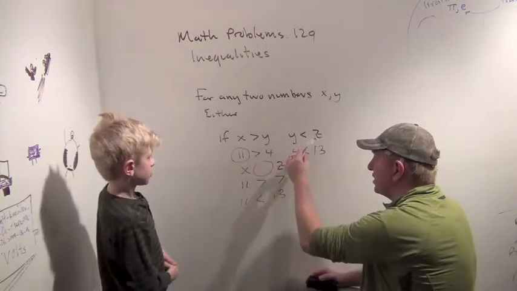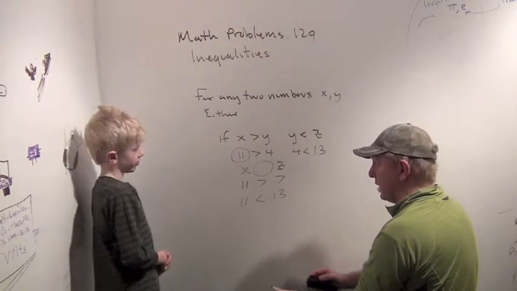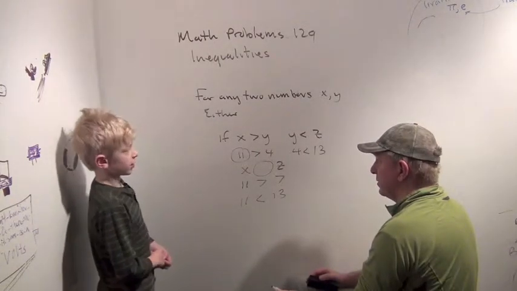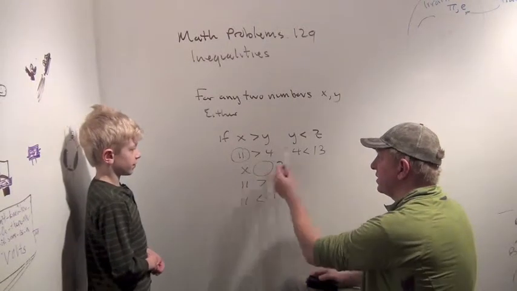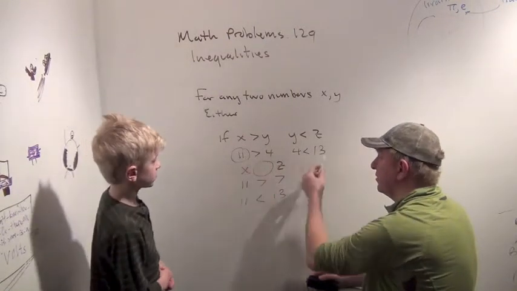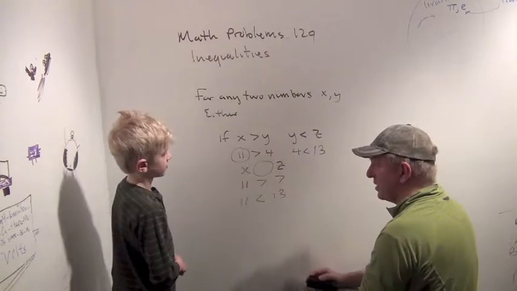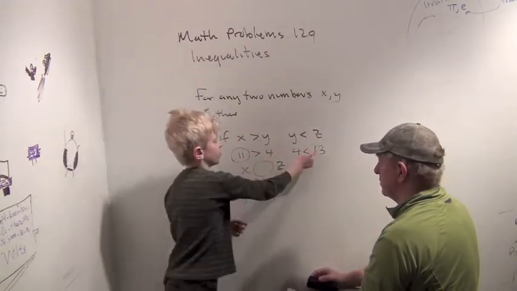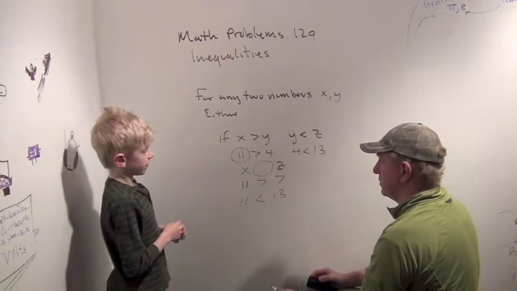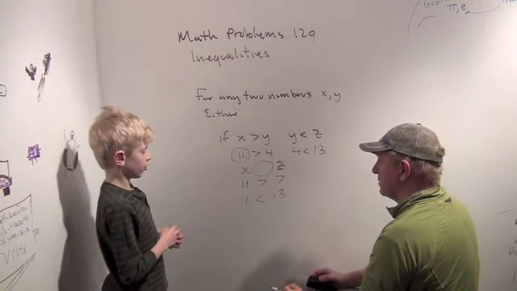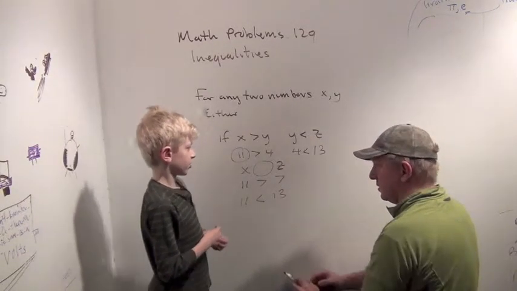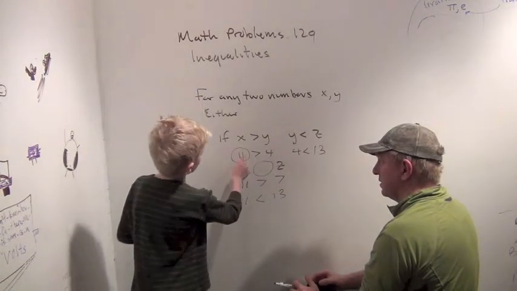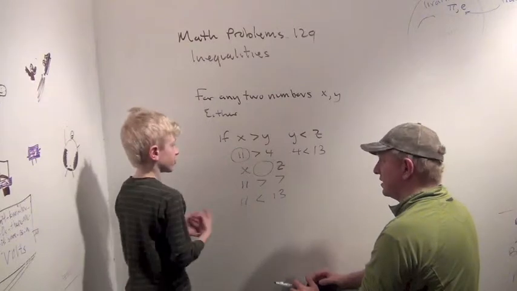Could x and z be equal? Yes, they could. What's an example where they're equal? In your example here, what would z have to be to equal x? If z were to equal x, what is x? In this example, x is 11.